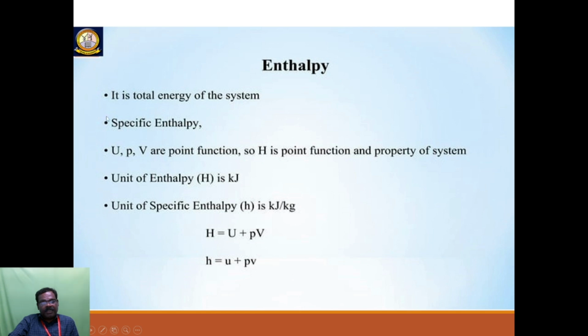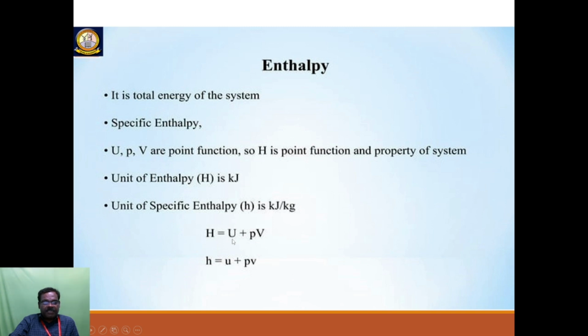Then what we are going to see is enthalpy. Enthalpy is the total energy of the system, the energy inside the system. For the total energy, you are considering two things: one is U, and the other is PV, the product of pressure and volume.